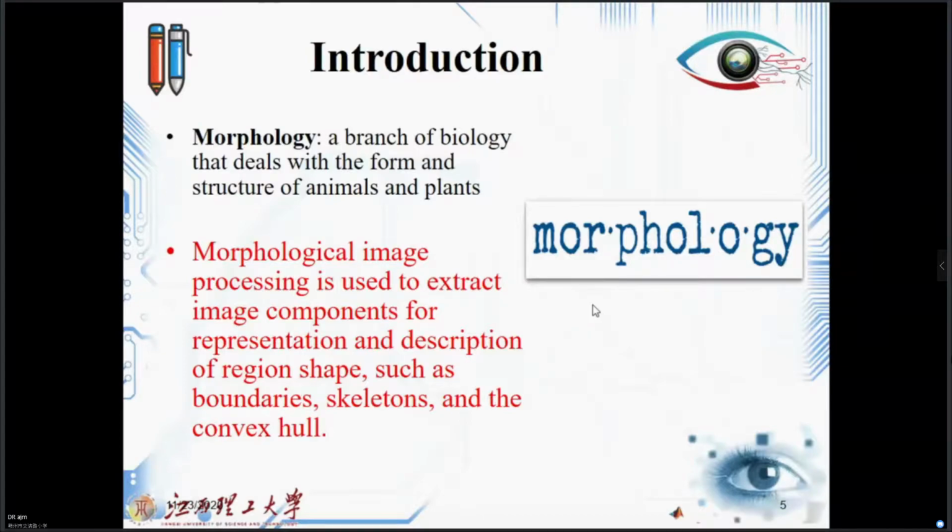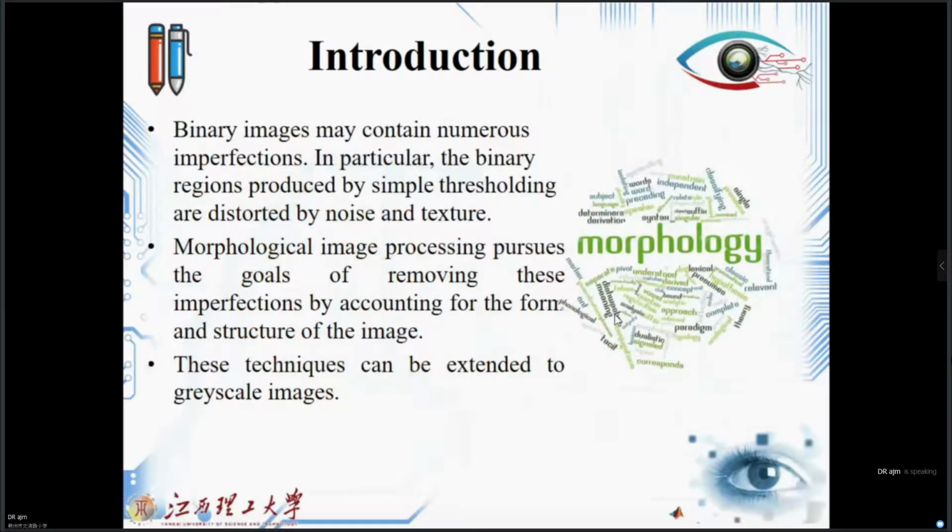A binary image may contain numerous imperfections. In practice, the binary regions produced by simple thresholding are destroyed by noise and texture. As we know, a binary image is a combination of 0 and 1, and these 0 and 1 values at the boundary may have some noise.